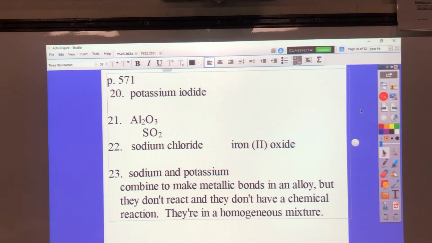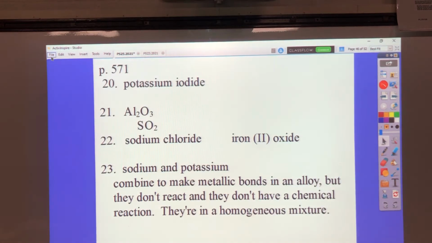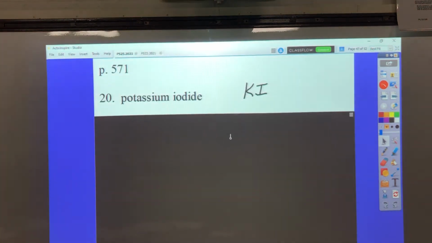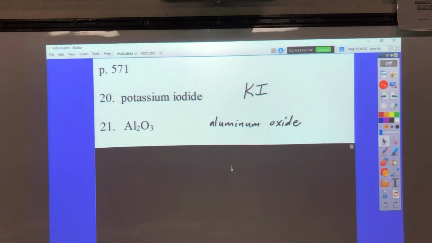SO2. What's that one's name? That's sulfur dioxide. It's covalent, but it still names the same way.